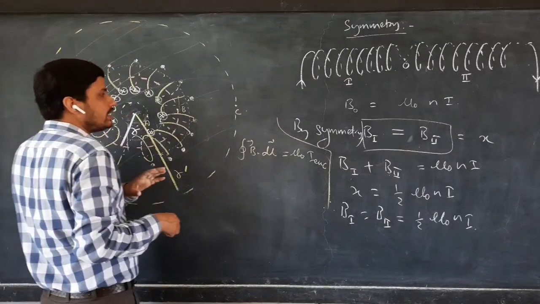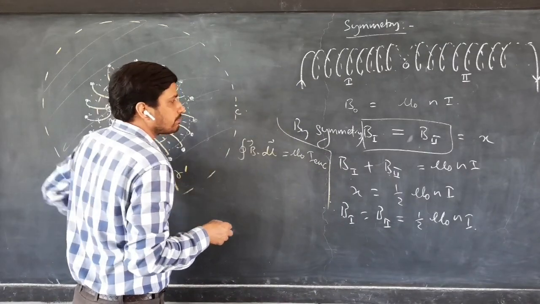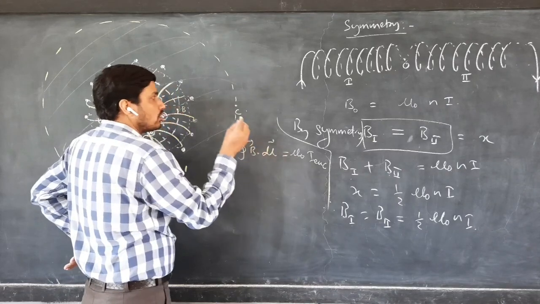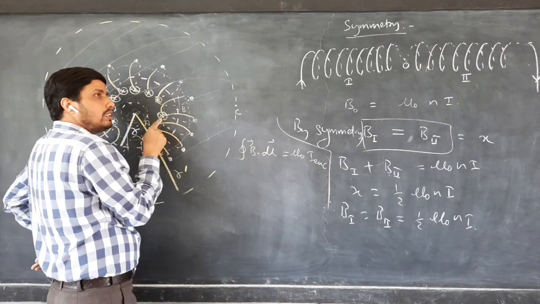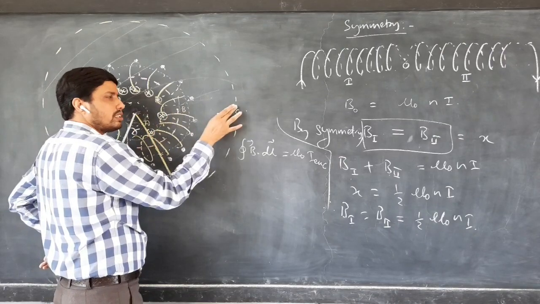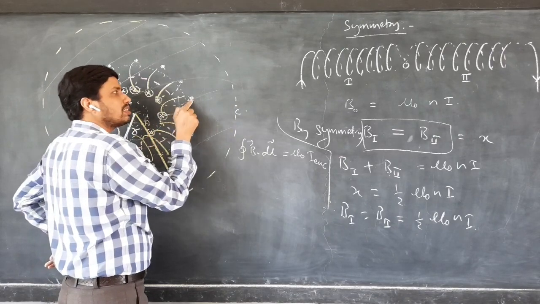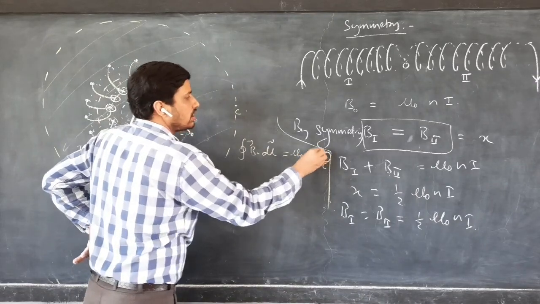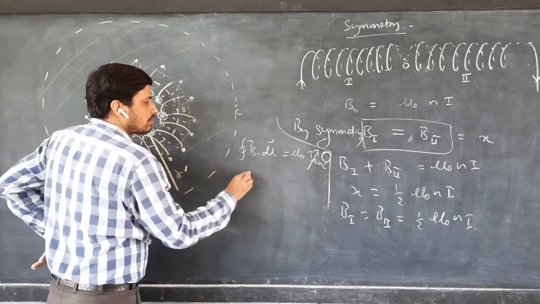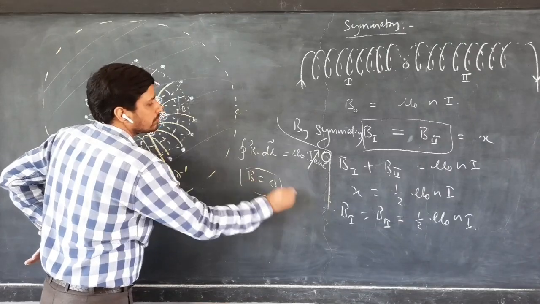I hope you can write the reasoning on your own part. Please try to write yourself. So since the current enters the flat surface enclosed by this loop as many times as current leaves the surface, the total current enclosed will be 0. And if this becomes 0, B also becomes 0.